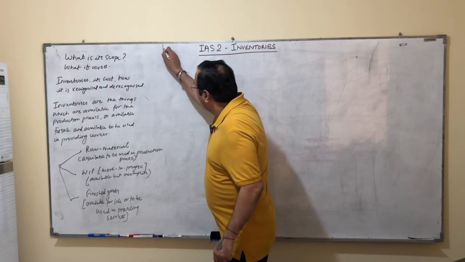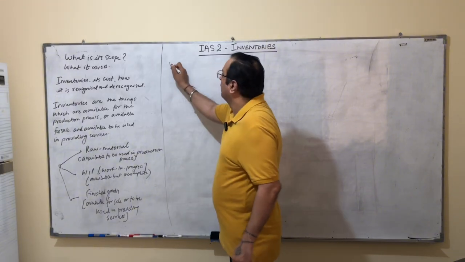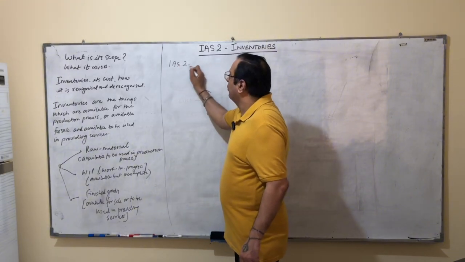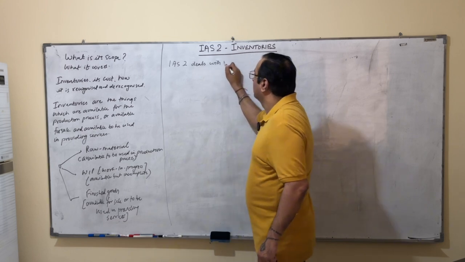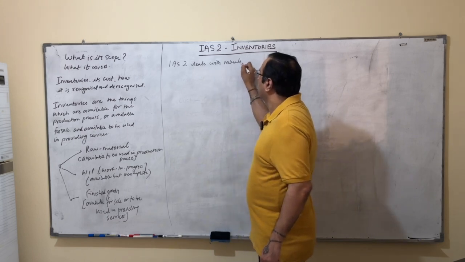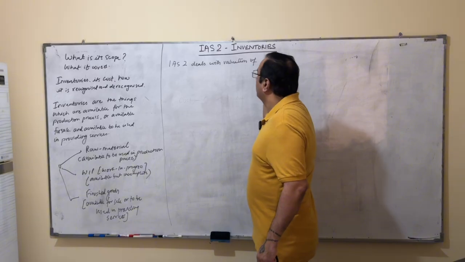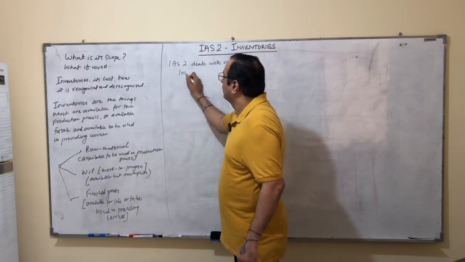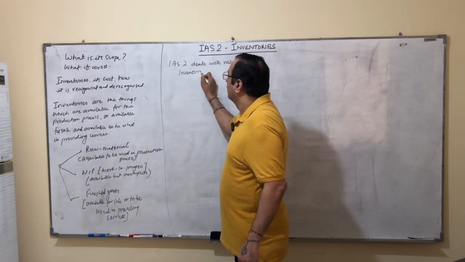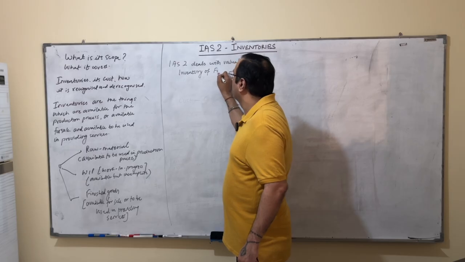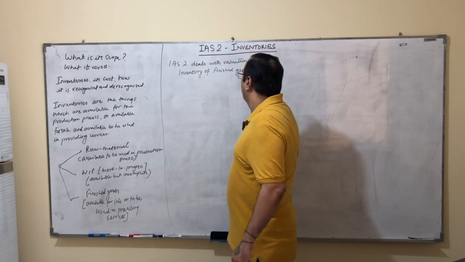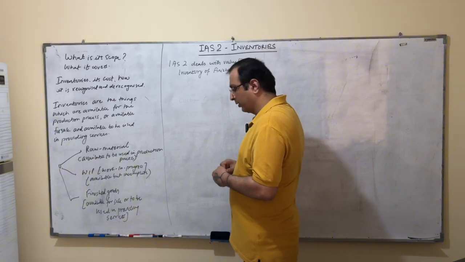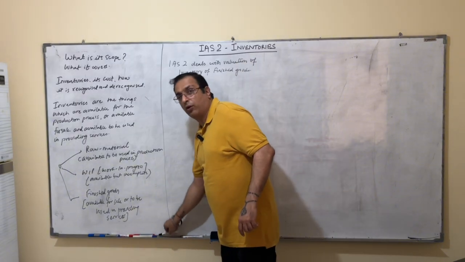Now, if we talk about IAS 2, IAS 2 deals with valuation of inventory of finished goods, right guys? It deals with the valuation of inventory of finished goods.